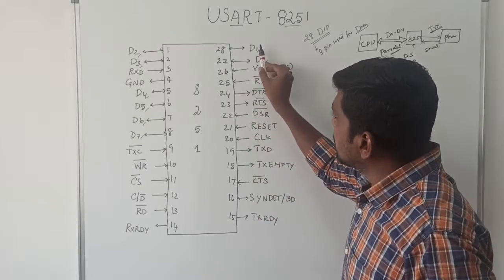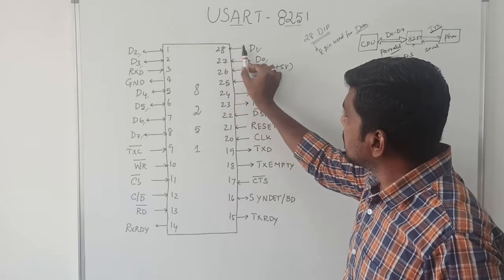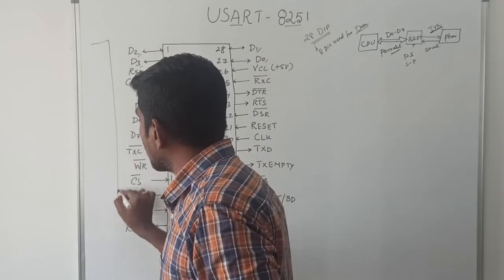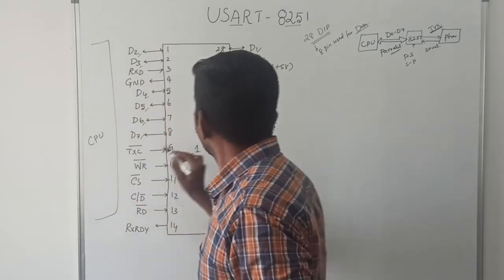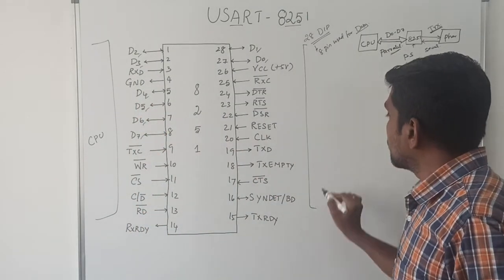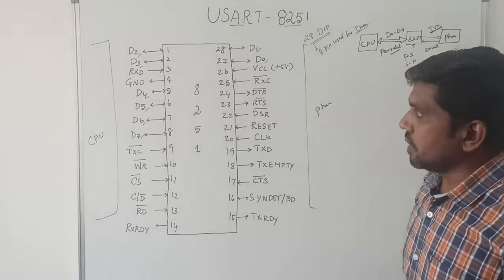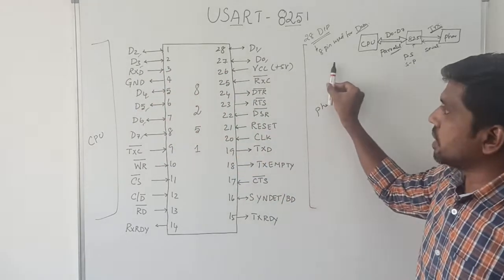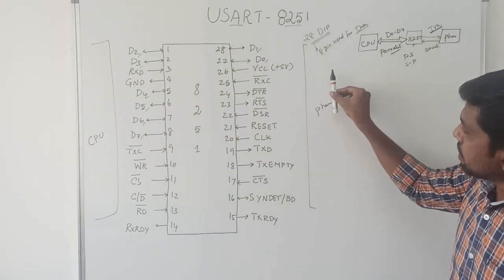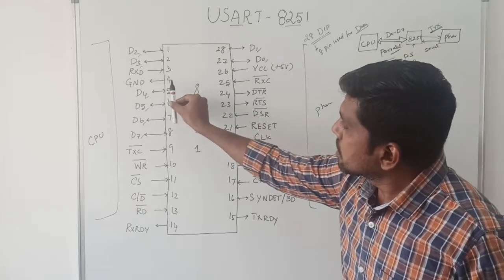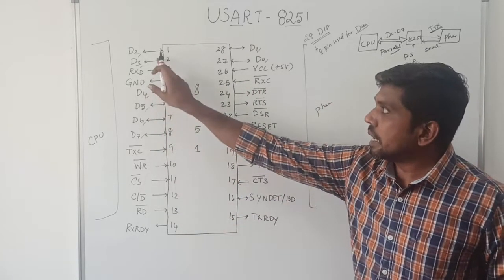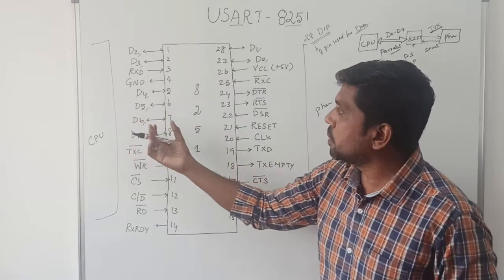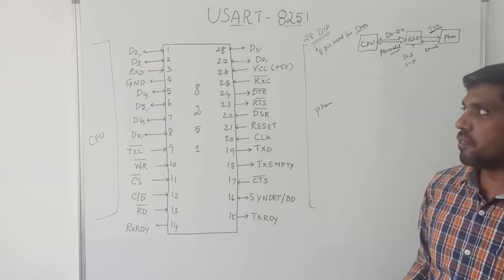So data is sent to 8251 or received from 8251. Here you connect the CPU, and here you connect peripheral devices. So data is sent to peripheral devices, or peripheral device data is sent to the CPU. These 8 lines are used bidirectionally, collecting data from the CPU or from peripheral devices.